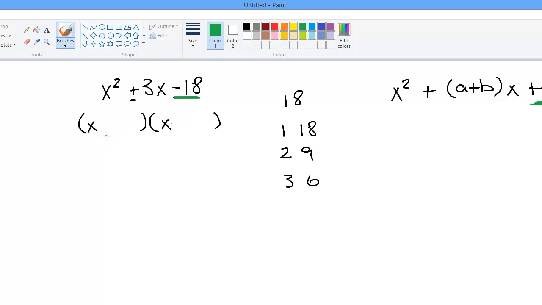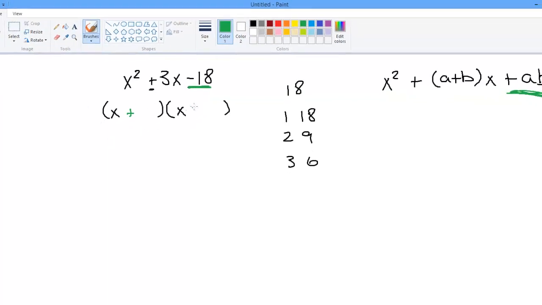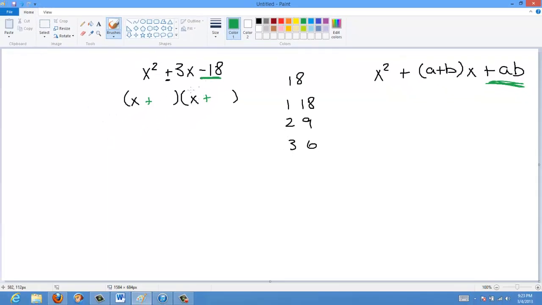On the other hand, if they had both been positive, it still couldn't happen because they would become positive, and you couldn't get a negative 18. So instead, one of them has to be positive and one of them has to be negative.